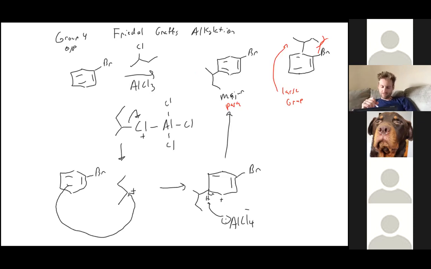Okay, because in this step here we make a carbocation, we have to think about rearrangements.